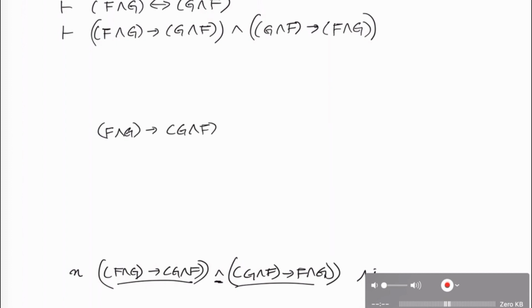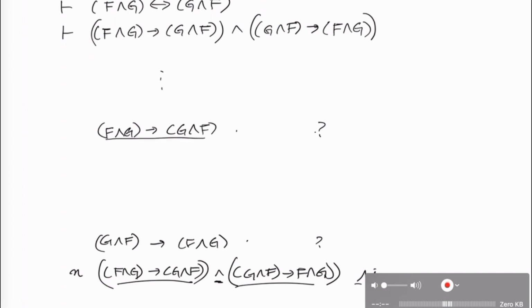Again, I don't have justification yet, but if I can prove this and also I can prove the other one, then using these two guys and conjunction introduction, we can get the last line. So now we have to look at only this.